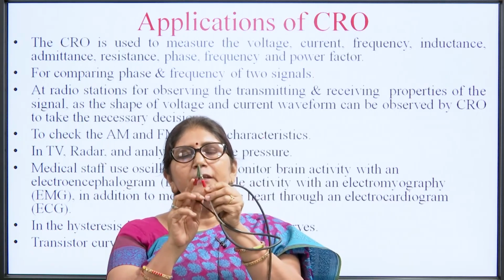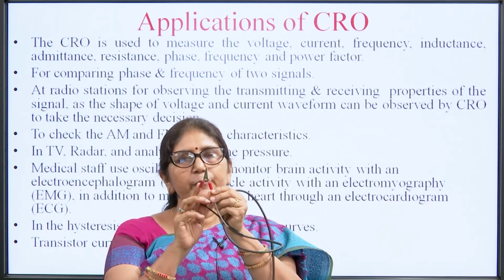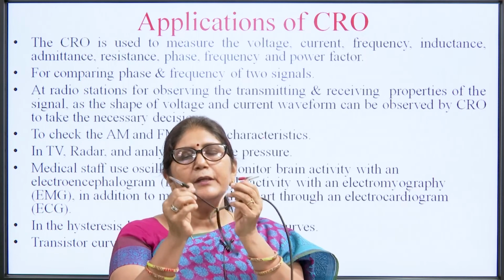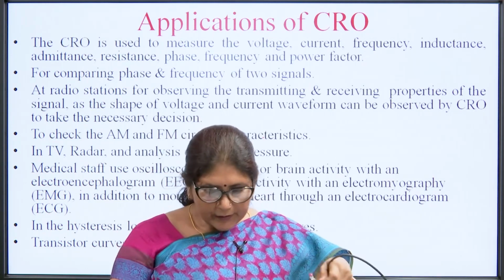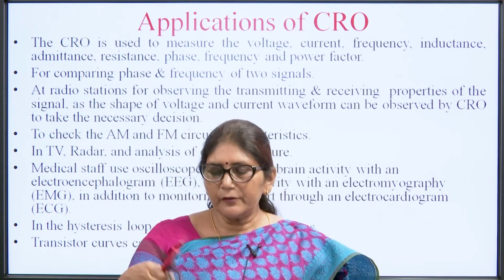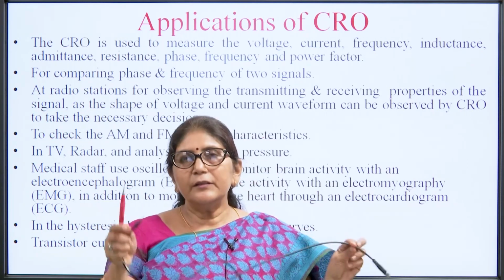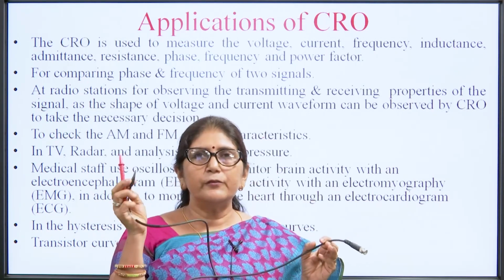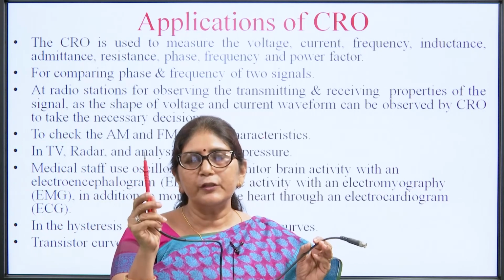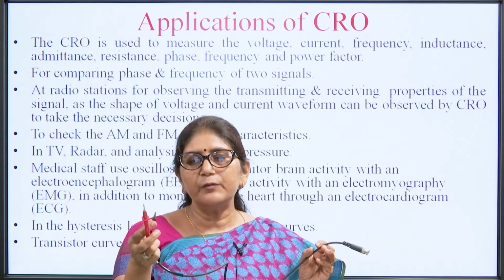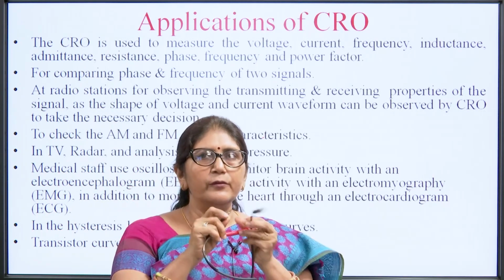Here generally this red is used for the positive point, for positive signal measurement, and this is for the ground position. Then a third type of probe is also available, where this end is a pointed one and this is the crocodile clip. This red one is generally used for the positive position and this is for the ground.